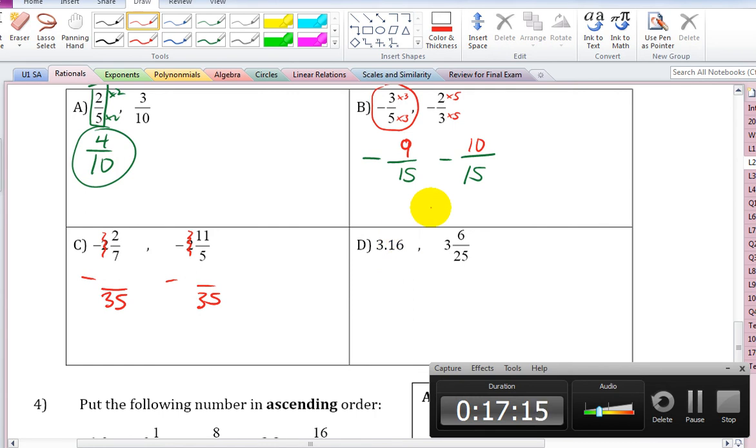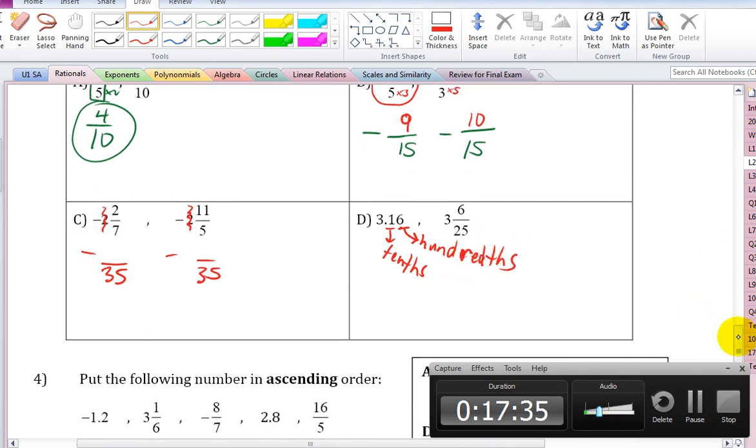0.16. How do you turn that into a fraction? Keep in mind this is the tenths, and the 6 is in the hundredths decimal value. Okay.